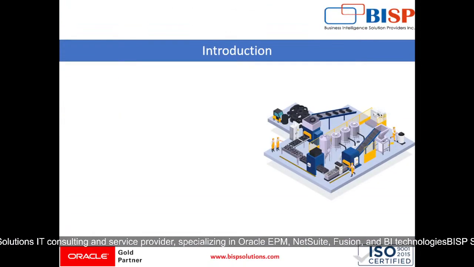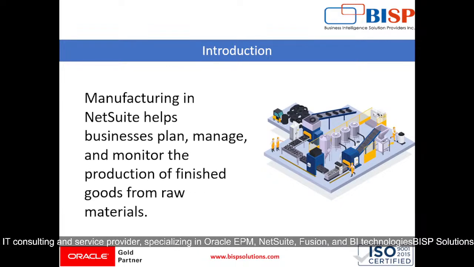We should understand firstly what manufacturing in NetSuite is. Manufacturing in NetSuite helps businesses plan, manage and monitor the production of finished goods from raw materials. It supports various processes like creating work orders, managing inventory and tracking production costs, ensuring that all operations align with business goals.